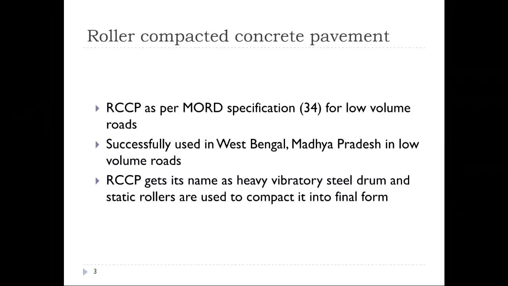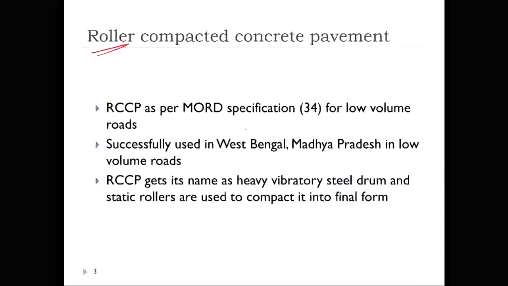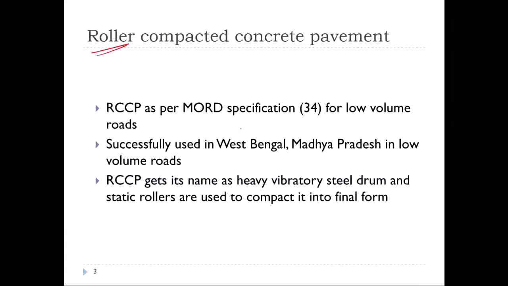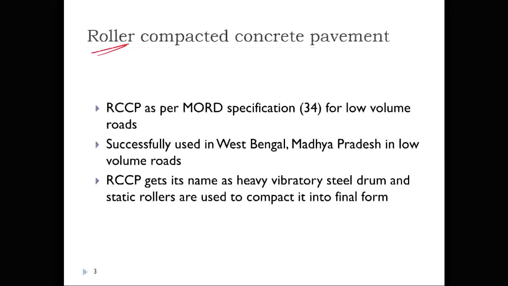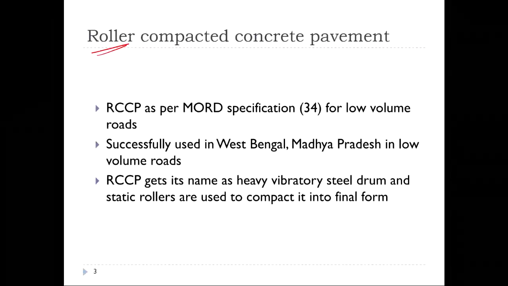Now, our today's discussion is about roller compacted concrete pavements. The keyword to highlight here is that this concrete pavement is compacted by means of a conventional roller. We find reference to roller compacted concrete pavement in a couple of IRC documents: IRC SP 68, and also in IRC SP 62.